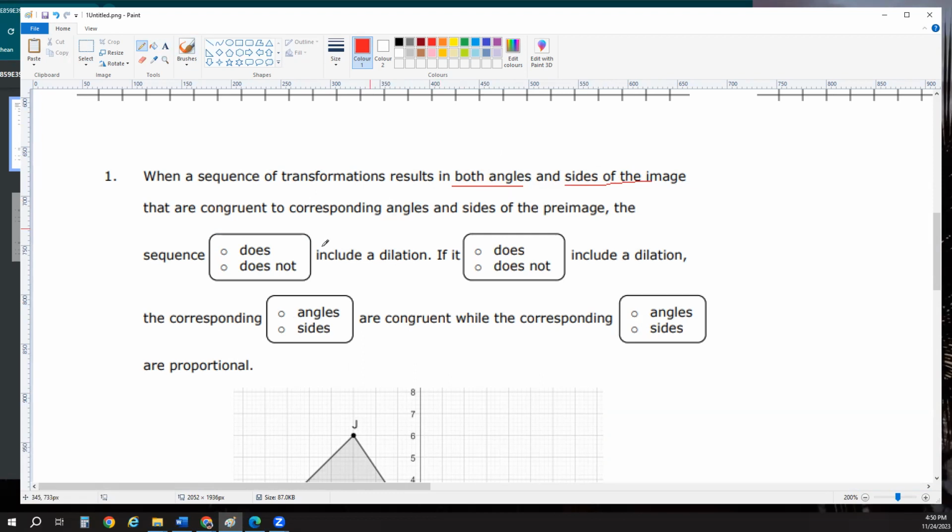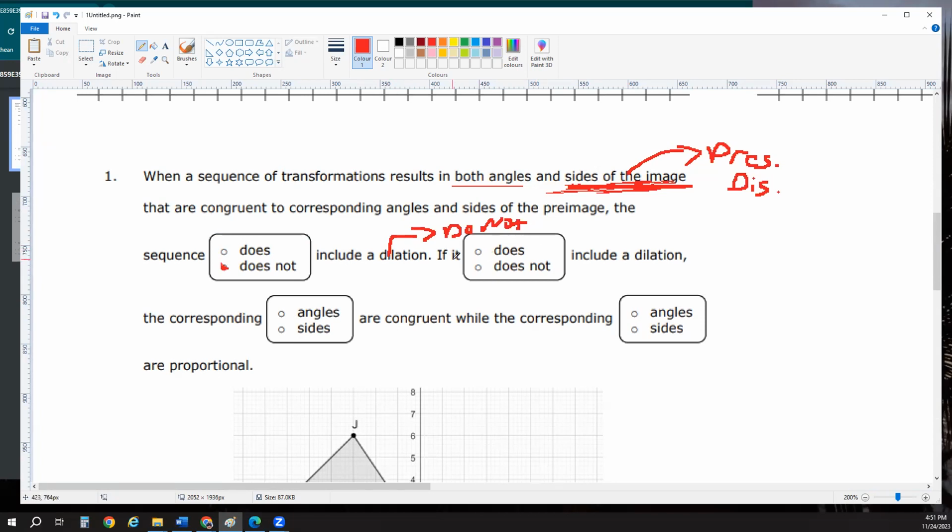The sequence does not include dilation because the sides change during a dilation. That's the whole preserving distance thing, and dilations do not preserve distance.